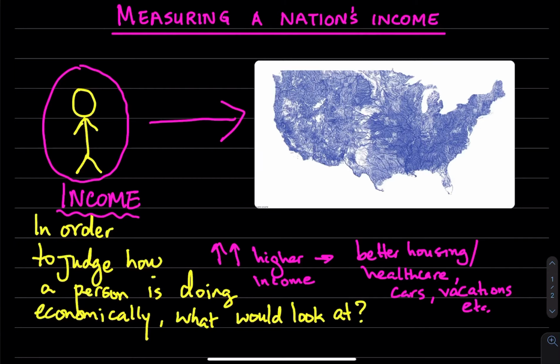So if we took all of the people that are in the United States, and we'll get to the more technical parts, all of those people who are earning in the United States, we can get to what we call national income. And so this is what we're going to be doing in this chapter.